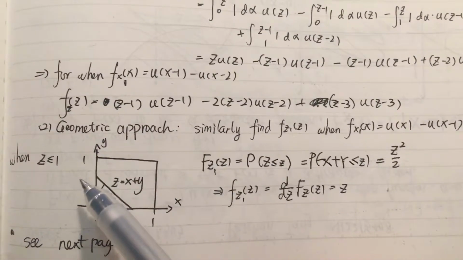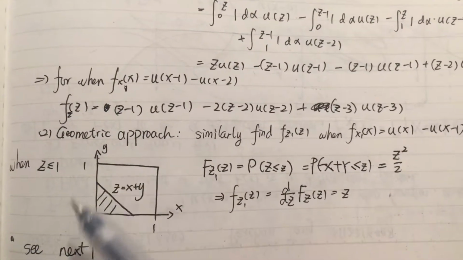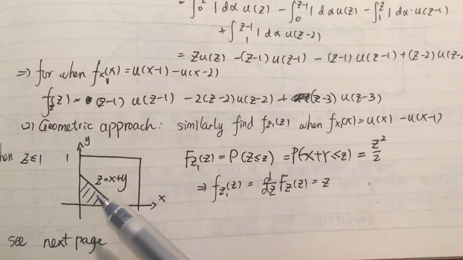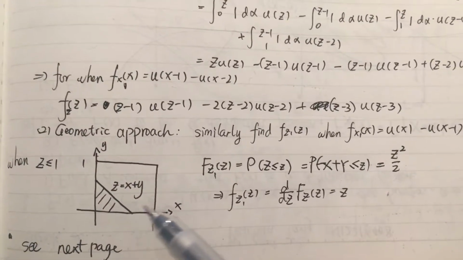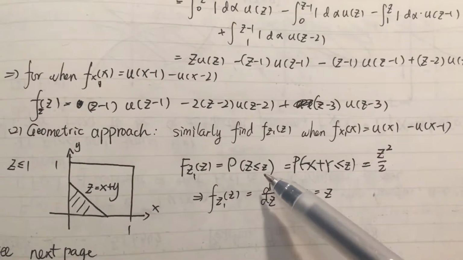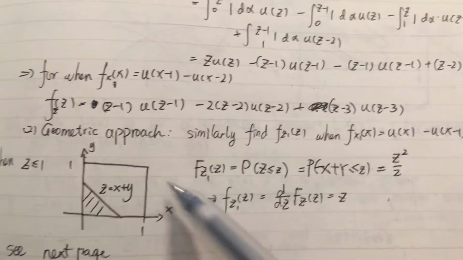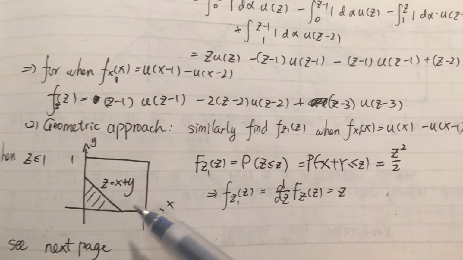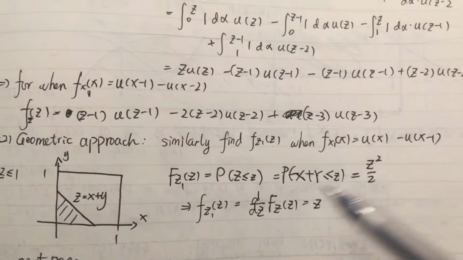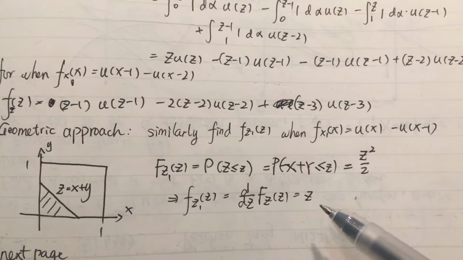The first is where z is less than or equal to 1, and as the graph suggests, the distribution function for z is equal to the probability that Z is less than or equal to z. In which case it's the area of the shaded region in this graph, which is z squared over 2.